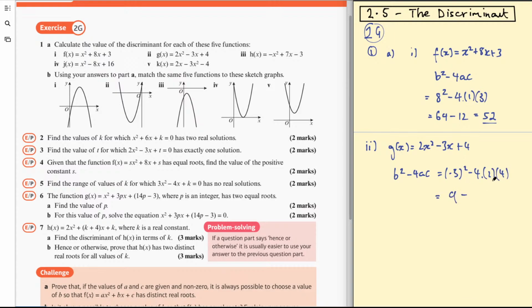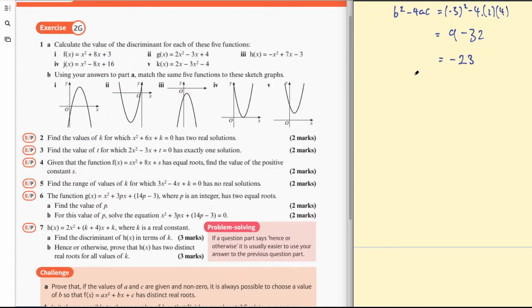Negative 3 squared is 9, take 4 times 2 times 4, 4 times 4 is 16, times 2 is 32. So here we're actually going to get a negative discriminant, negative 23. And so for that function, we'd say it would have no real solutions. Okay. So I always leave a few for you to do in case you want to do some practice on that.